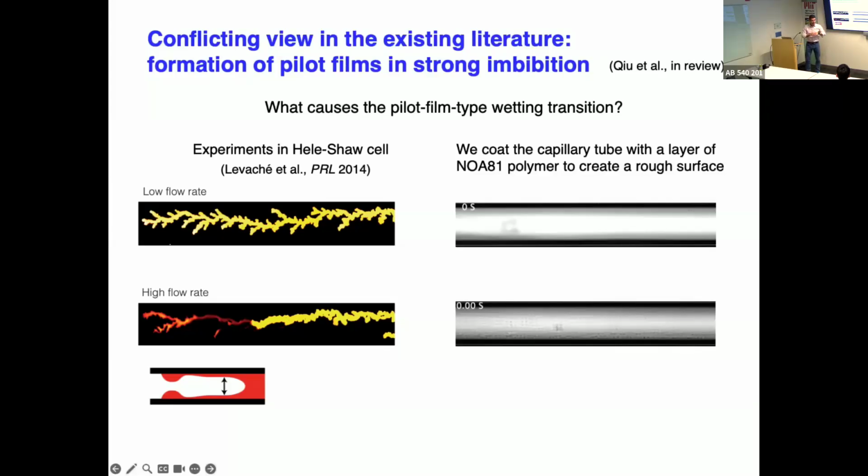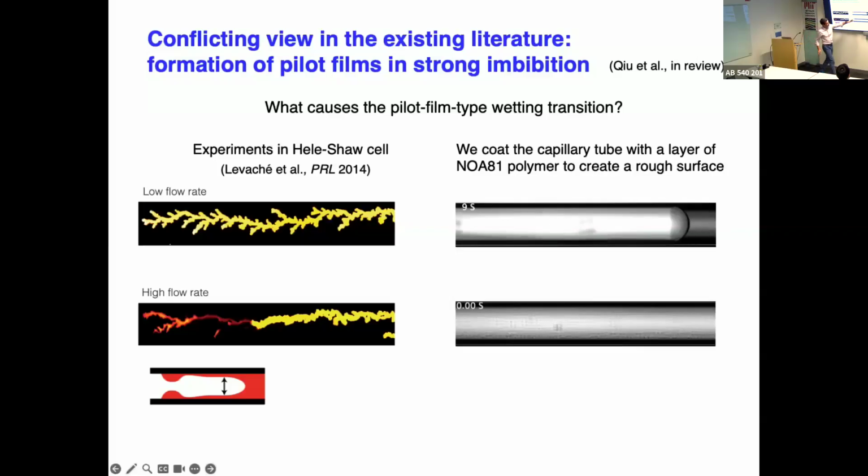So the key difference really was that they were using a polymer in their experiments that we've also used, you'll see in a moment, No81, that has the capability of modulating the wetting properties. That's why it is used, but it is rough. And you can see, you look in the microscope, and it has roughness to it. So we coated our tubes with the same polymer, with No81, and repeated the experiments.